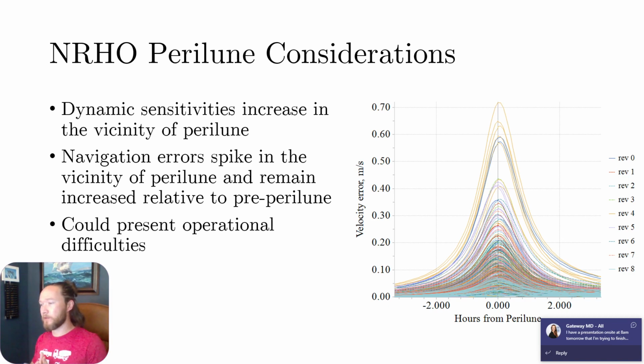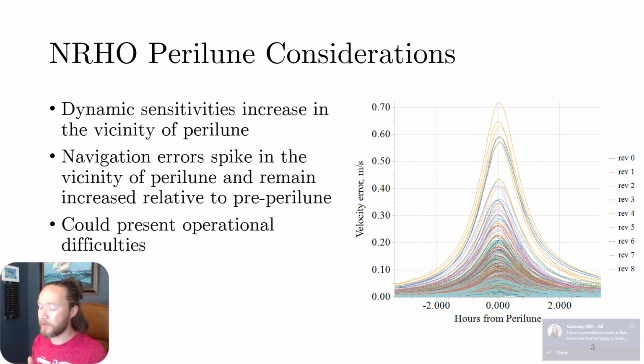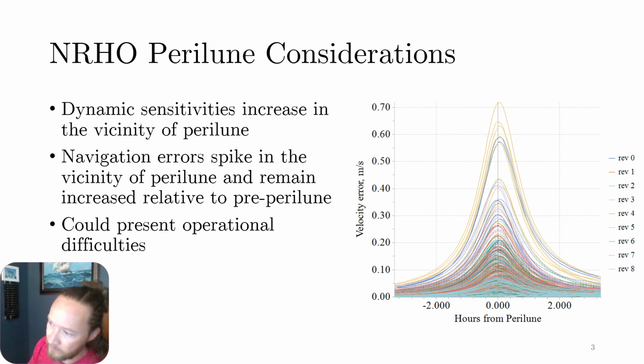So when we are doing predictions through Perilune, we go through this period where we have high velocity sensitivities in this dynamic region, so that the errors can spike in the vicinity of Perilune. In this plot right here, we have the time spent under 10,000 kilometers, comparisons of estimated spacecraft propagating through Perilune against our truth spacecraft.